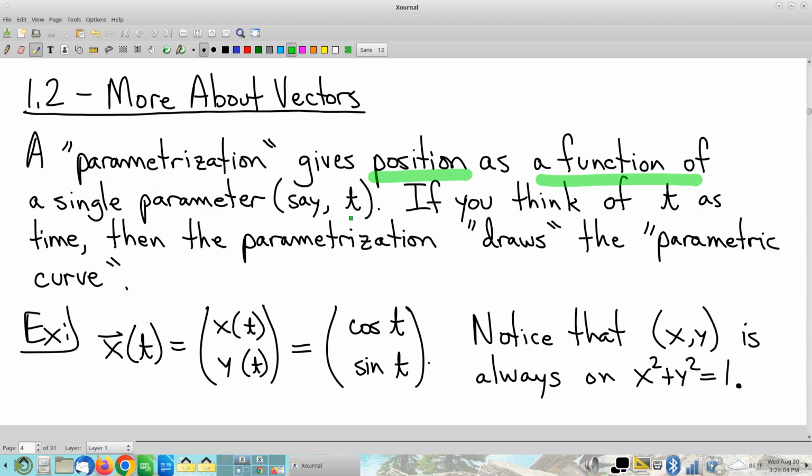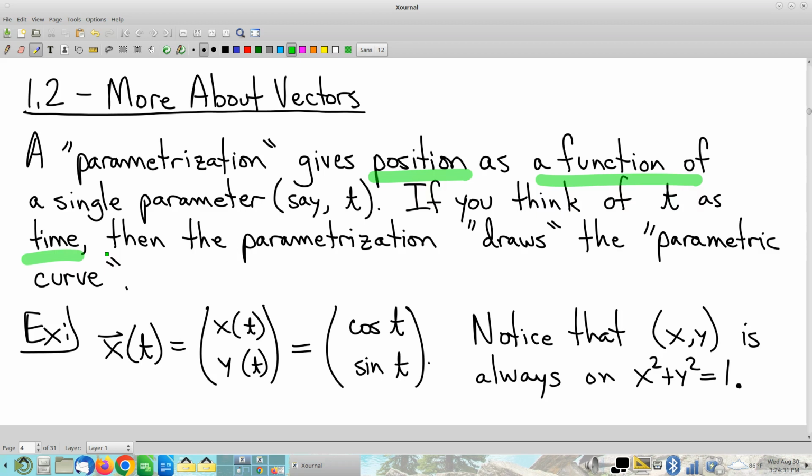But if you think of it as time, position as a function of time, for every time you're at a certain location, as time passes, that then draws out the curve. And so viewing the parameter as time, you can think of the parameterization literally as drawing the curve, or think of it as a description of a little movie that traces out the curve.